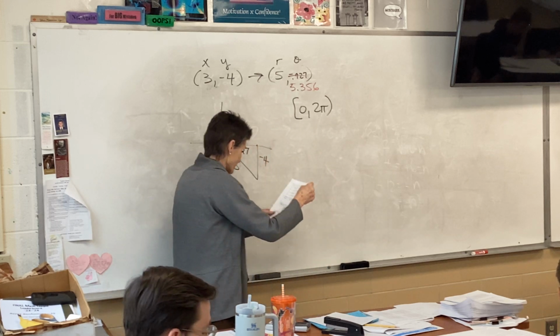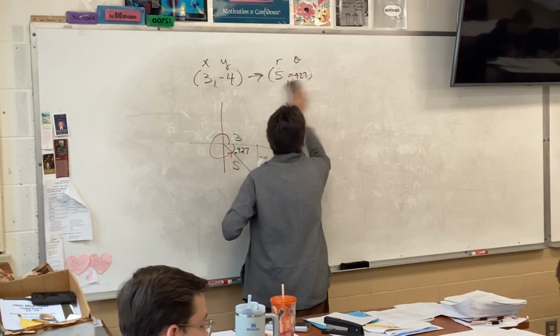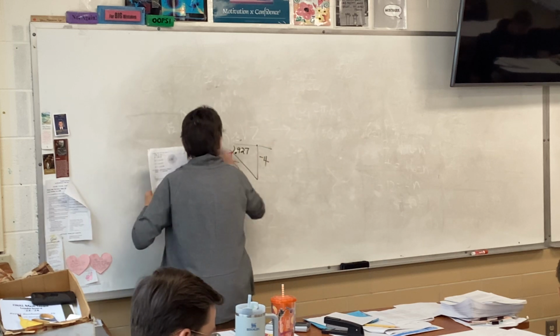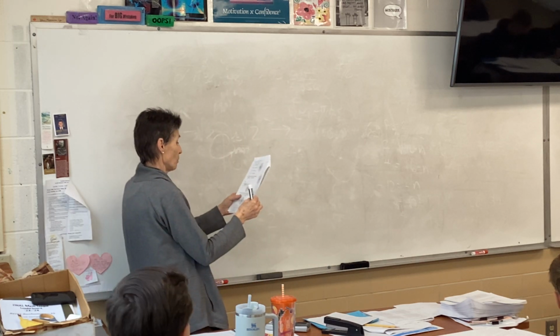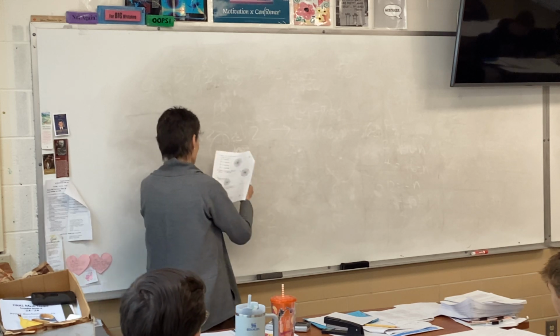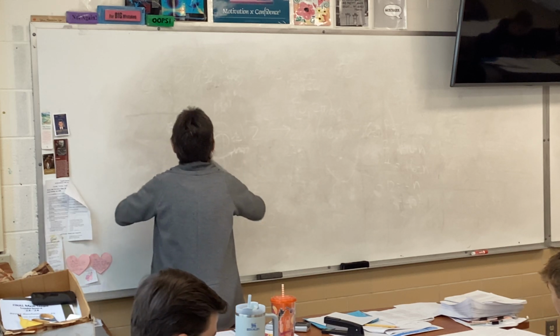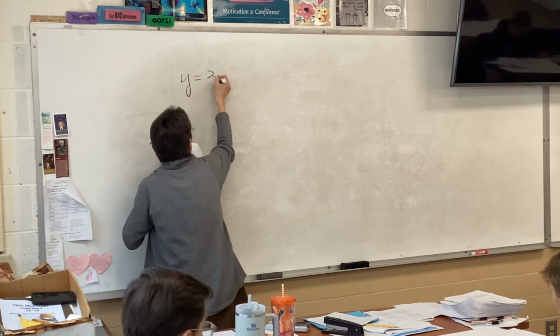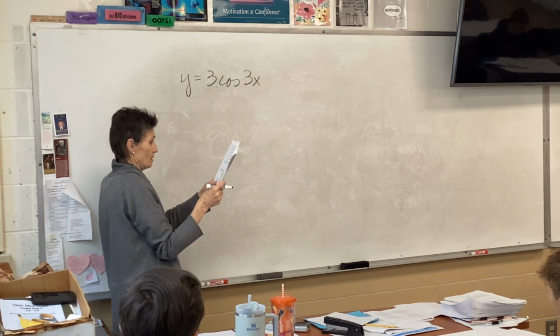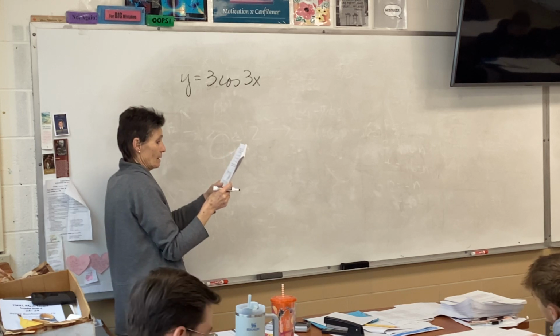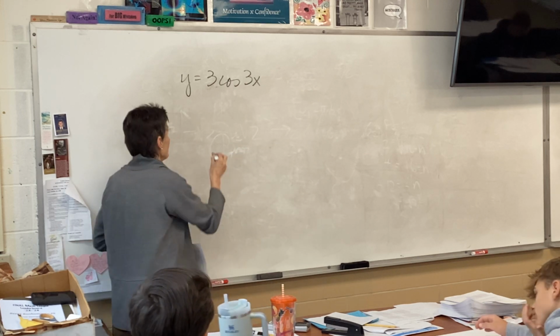All right, 6 says, portion of the graph of the polar function, and the function is 3 cosine 3 theta. And I want to know, okay, so here's what I'm going to do.